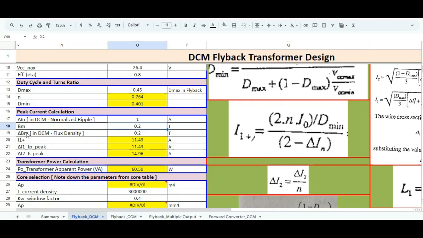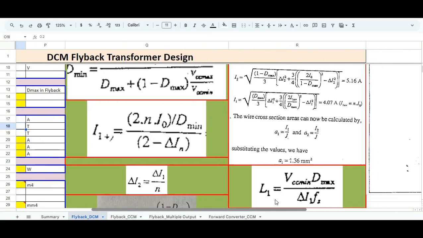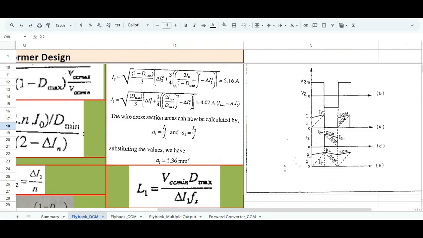You also have to consider the flux. In case of the DCM, every switching cycle, your flux starts from 0, reaches the maximum flux, and again resets to 0.